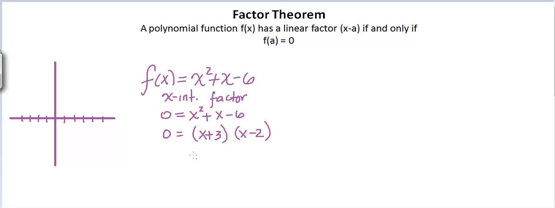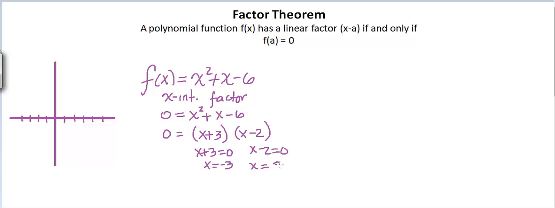Also, when I wanted to find the x-intercepts, I would take each term and use the zero product property rule, which says that if this times that is equal to 0, then x plus 3 is 0 and x minus 2 is 0. Okay, and we would solve for x.